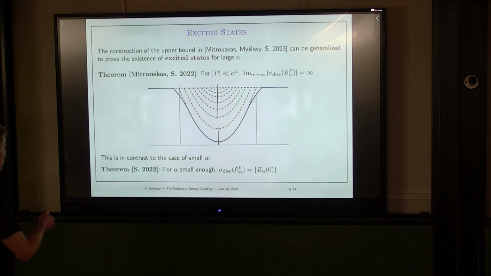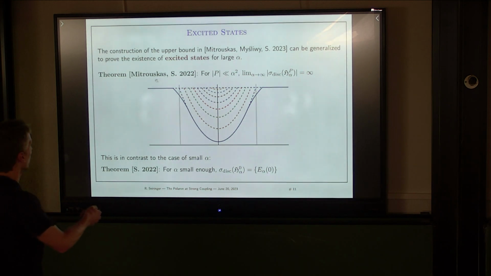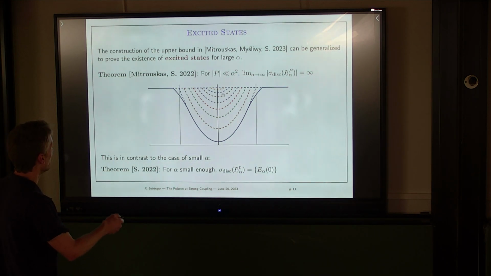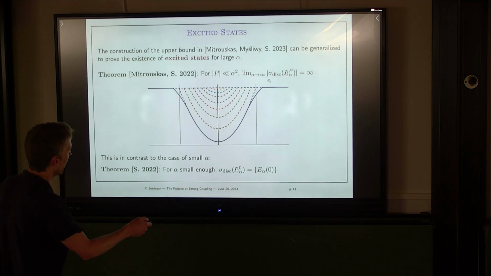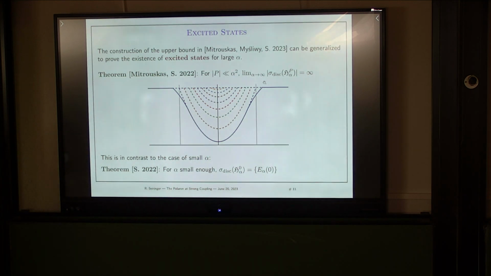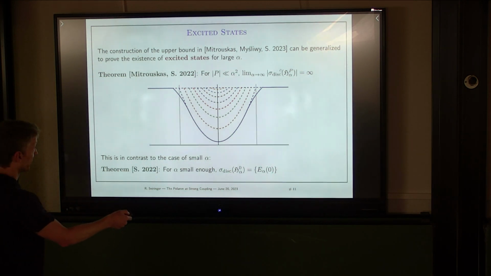Here it's formulated as a theorem, which was jointly done with David, put on the archive a few months ago. So here's the sketch of what happens, but if you want to formulate it precisely, it's saying: look at the discrete spectrum of the Fröhlich Hamiltonian at fixed total momentum P. Look at its size, simply the number of eigenvalues below the essential spectrum, and either for p equals 0, or more generally for any p that grows slower than alpha squared, so in some sense in this picture we stay close to the p equals 0 axis on that scale of order alpha squared, then the number diverges as alpha goes to infinity.